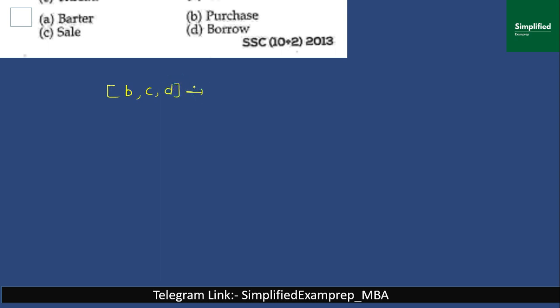And what is that pattern? B, C and D are terms we use in business. But barter is a separate system. We don't use the term barter frequently in our business. So what is the correct answer here? The correct answer is A. Now let's move further.